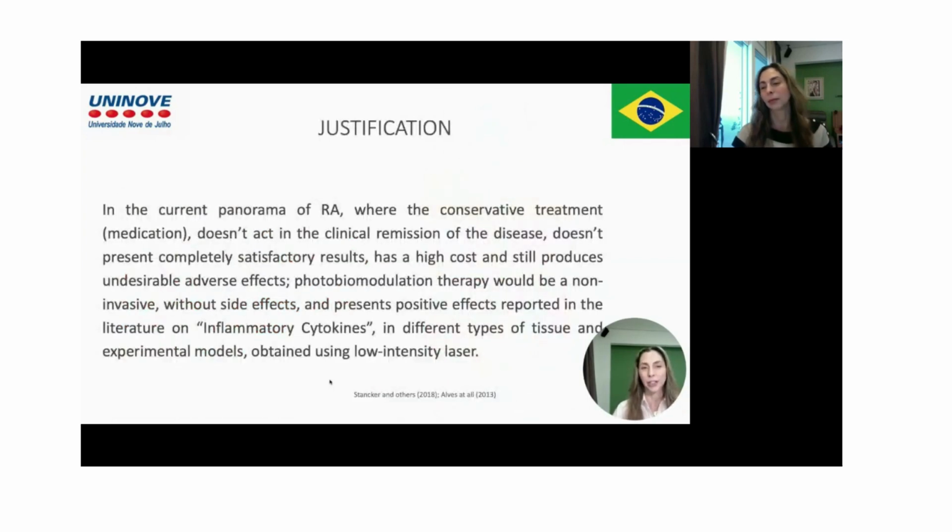The justification for this work is the current panorama of rheumatoid arthritis, where conservative medication treatment doesn't achieve clinical remission of the disease, doesn't present completely satisfactory results, has a high cost, and still produces undesirable adverse effects. Photobiomodulation therapy would be non-invasive, without side effects, and presents positive effects reported in the literature on inflammatory cytokines in different types of tissue and experimental models obtained using low-intensity laser.